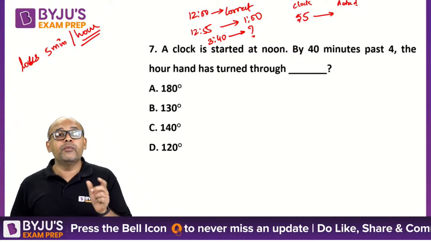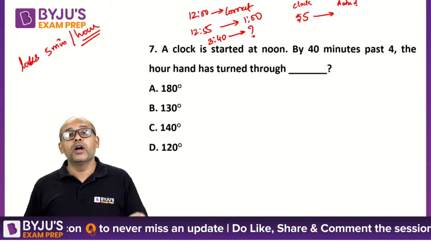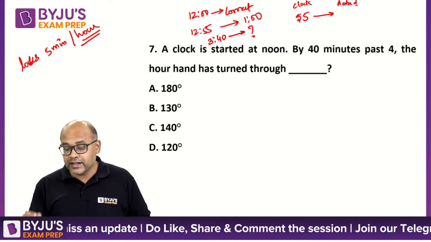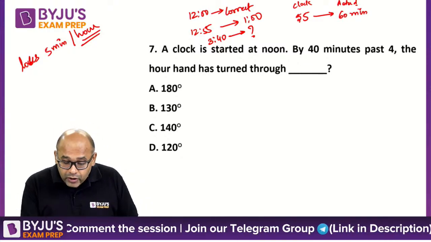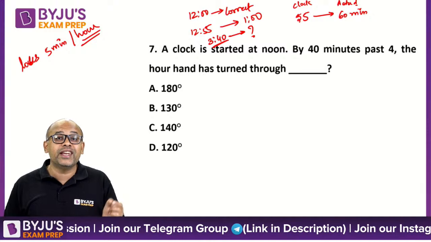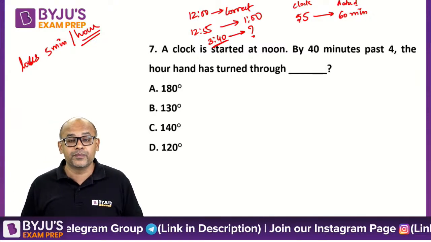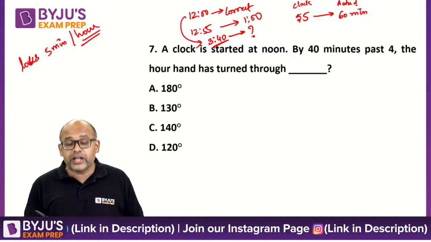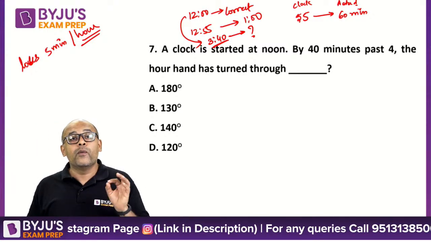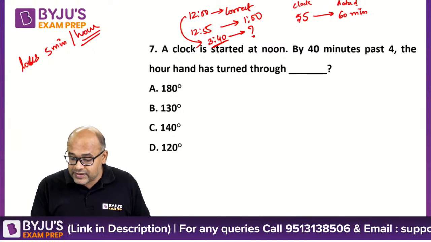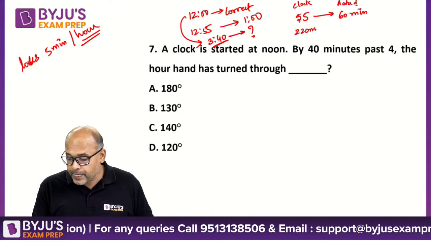So if 55 minutes have happened in the clock, outside in the correct world, the time is 60 minutes elapsed. Now in the clock it is 3:40, that's the question. So from 12 o'clock to 3:40, how many minutes is it? 3 hours 40 minutes, which means 180 plus 40, 220 minutes.